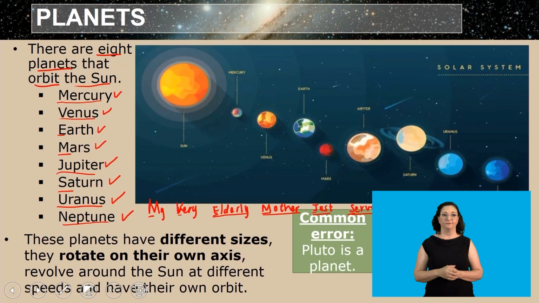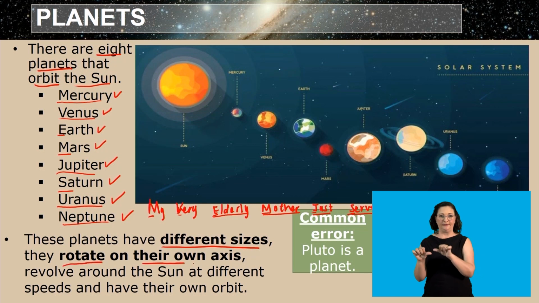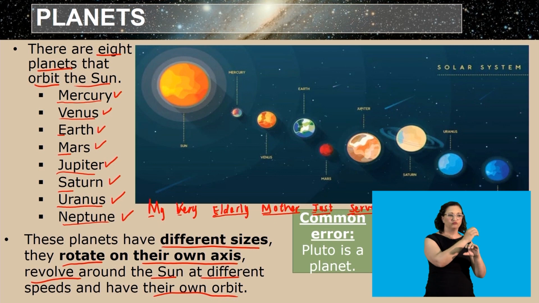Now, these planets have different sizes and they rotate on their own axis. They revolve around the sun at different speeds and have their own orbit. As we have already said, Pluto cannot be part of the 8 planets because it does not make its orbital path clear.